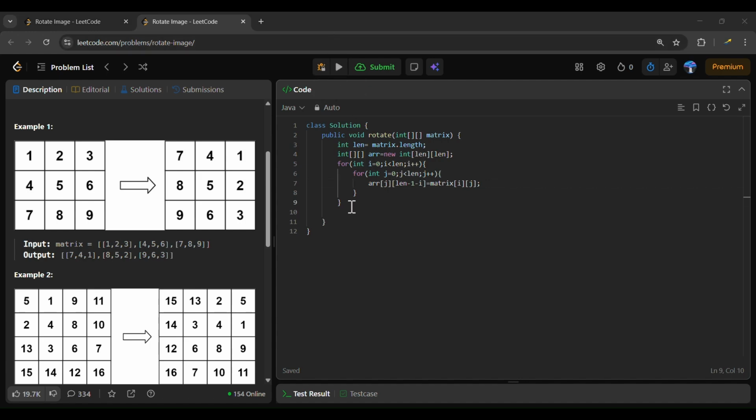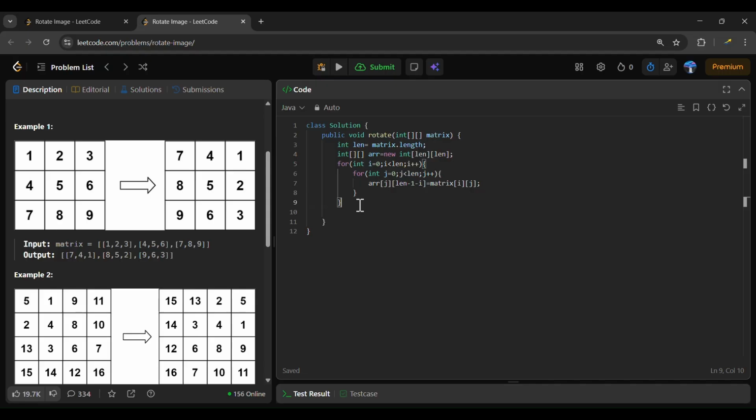Now I need to again iterate through the array, copying each element from the array arr and placing it at the same position in the matrix that was given to us as input.